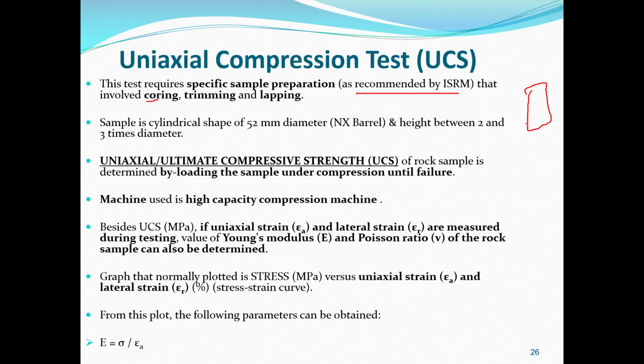Then we have trimming, meaning that the bottom here should be flat, and then the size, the length here and the diameter here, should be as recommended, which is normally our core diameter of 52 mm, and the height L here is twice or triple the D.